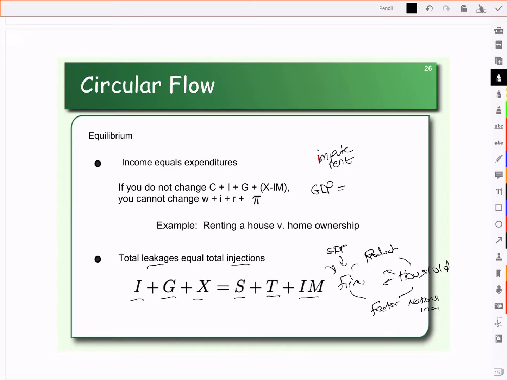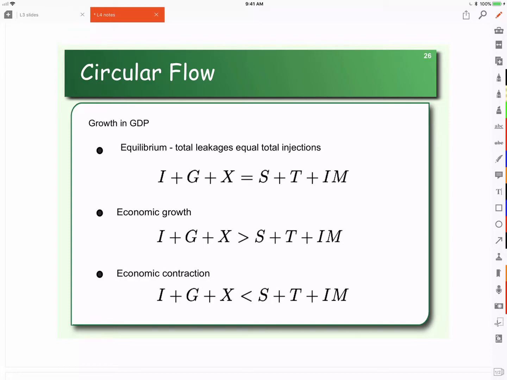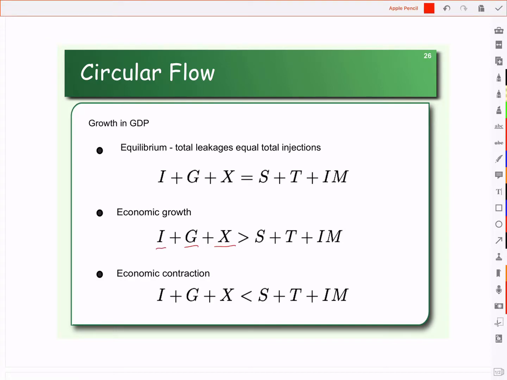If investment spending, government spending, and export spending is more than savings, net taxes, and imports, that means that we are injecting more than is leaking, and so the economy is growing.